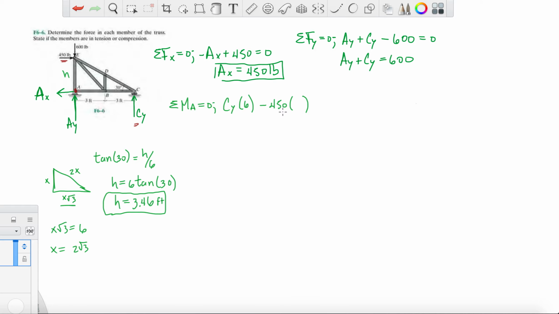So 450 pounds times your lever arm h, so that'll be 3.46. And that's it. Those are the only two forces causing this whole structure to rotate about A. So for Cy, move everything to the right side, isolate Cy, and you get 259.8 pounds.